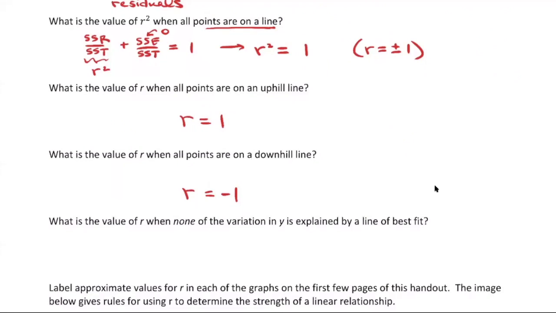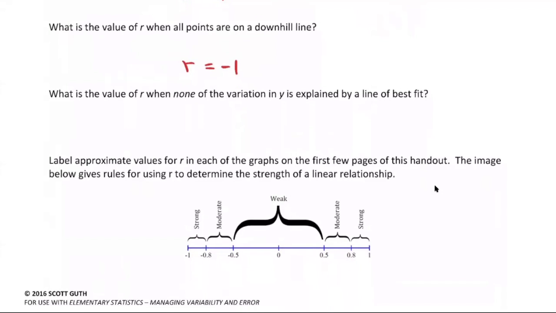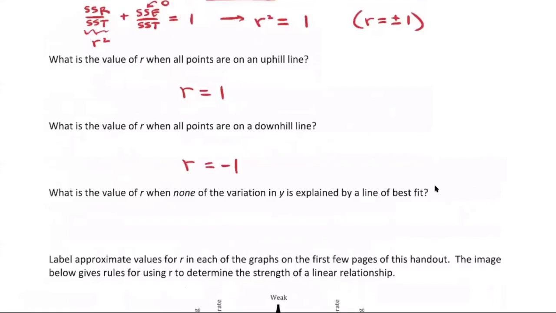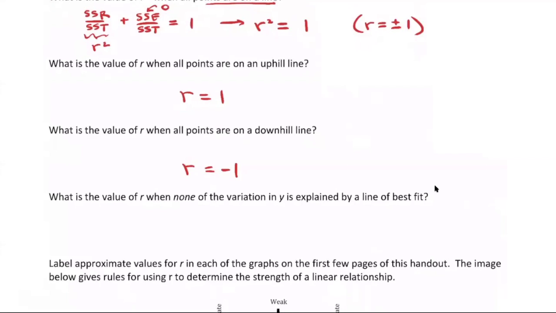Okay. What's the value of r when none of the variation in y is explained by a line of best fit? None of the variation. Well, let's see here. We have SSR over SST plus SSE over SST is equal to 1.